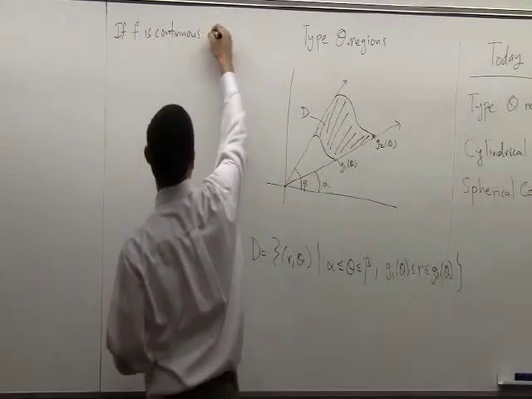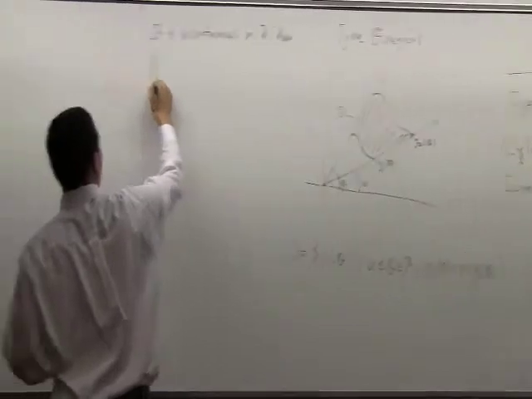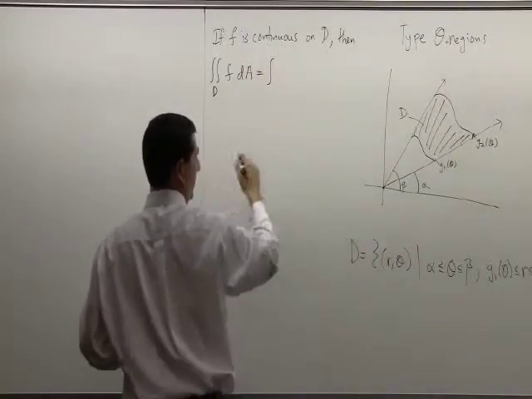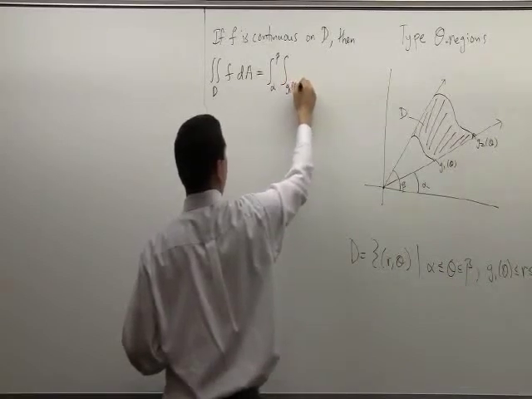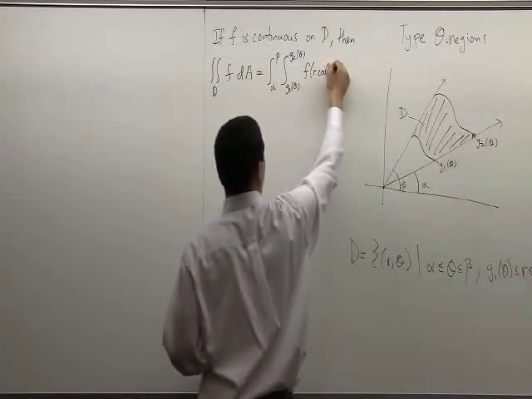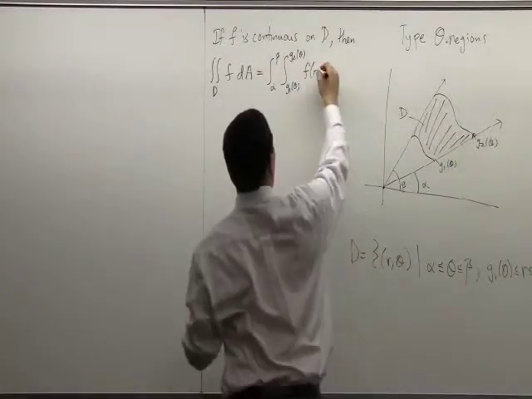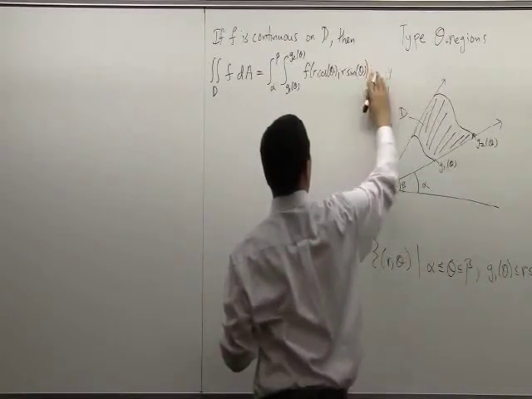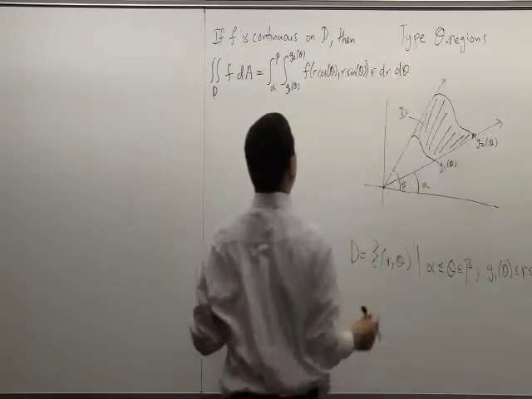If f is continuous on D, then the integral over D of f dA is the integral from alpha to beta, integral from g1 of theta to g2 of theta, f of r cosine theta, r sine theta, r dr d theta.